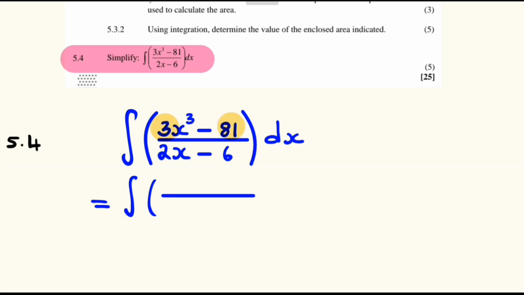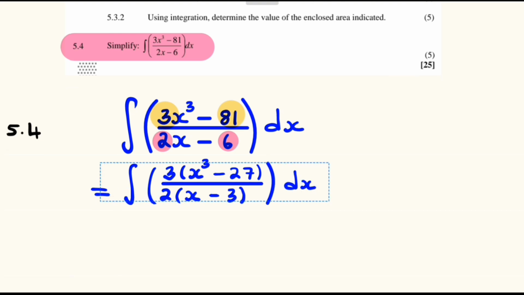By taking the 3 as a common factor, the parenthesis will open up to x cubed minus 27. And in the denominator, we take 2 as our common factor, and our parentheses open up to x minus 3 dx.